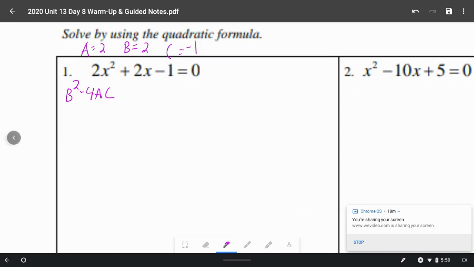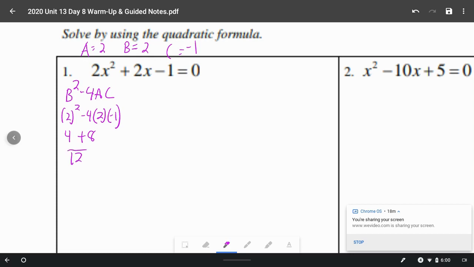So that's what it asked me to do first. So b squared is 2 squared. 4 times a is 2 times c is negative 1. So if I punch this in my calculator, that gives me 4 plus 8, and it gives me 12. So that's what you should have gotten when you did b squared minus 4ac for this one.